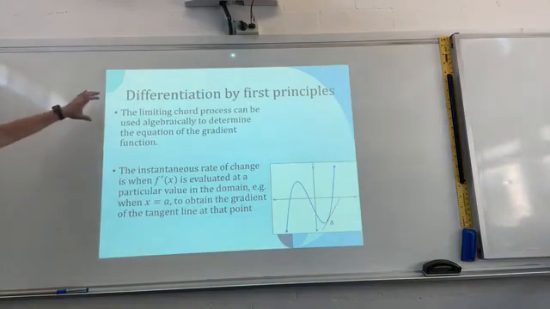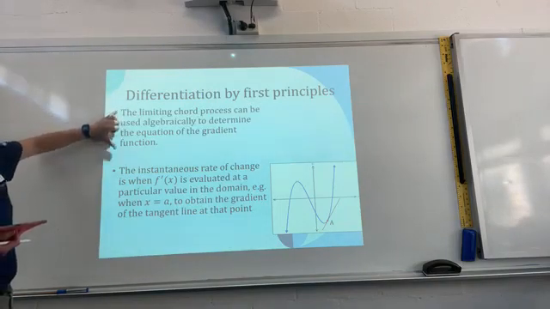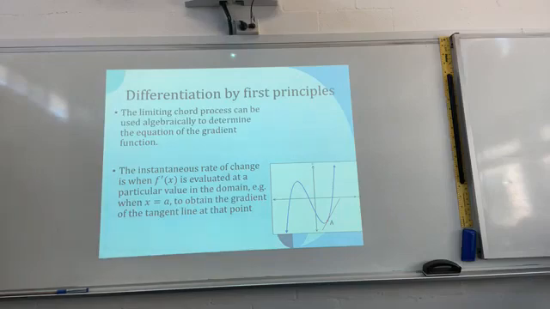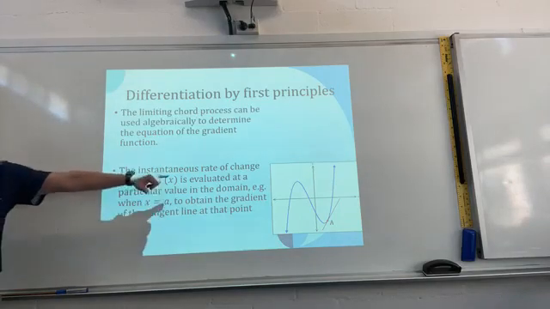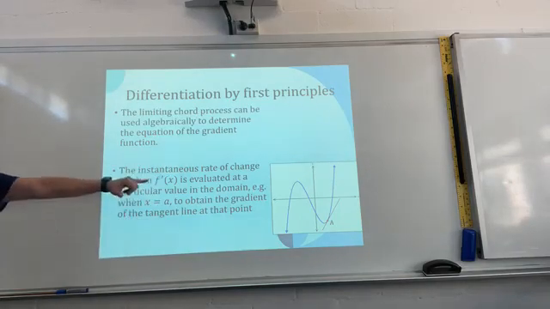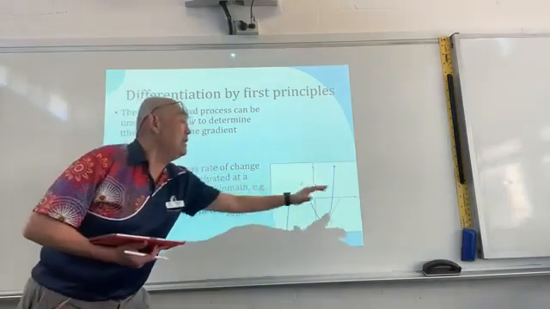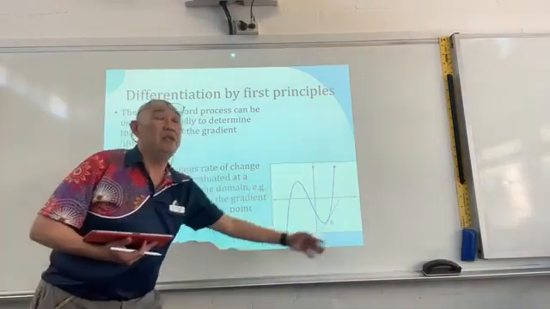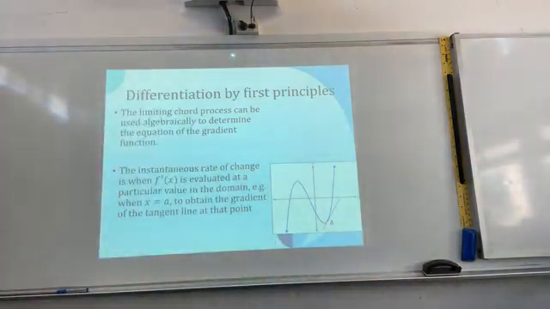Now, differentiation by first principles. So the limiting chord process can be used algebraically to determine the equation of a gradient function. And the instantaneous rate of change, f dash x, is evaluated at a particular value in the domain. So you can really see that this domain, it's all in the real numbers.